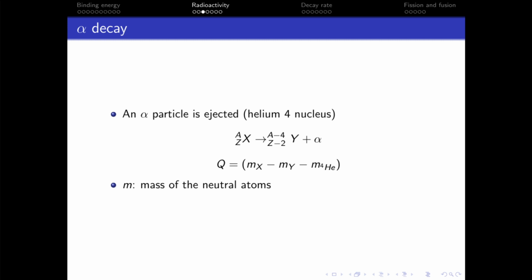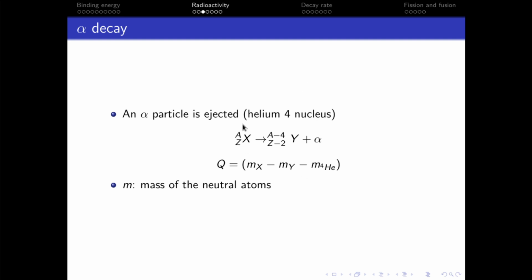The first one to take a look at will be called alpha decay. It releases, as its name implies, an alpha particle, which is the same particle you have used a few times in electricity and magnetism. It is a nucleus of helium-4, so it is made up of 2 protons and 2 neutrons.